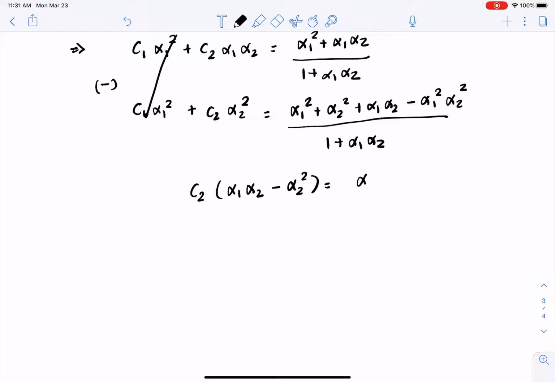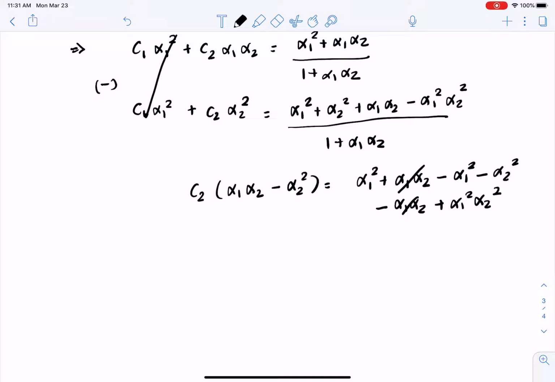That would equal alpha 1 squared plus alpha 1 alpha 2 minus alpha 1 squared minus alpha 2 squared minus alpha 1 alpha 2 plus alpha 1 squared alpha 2 squared.